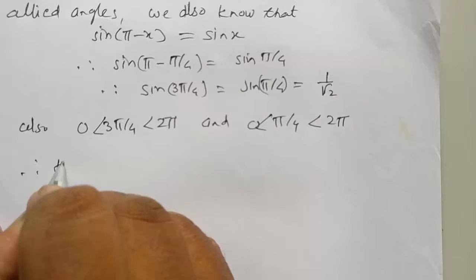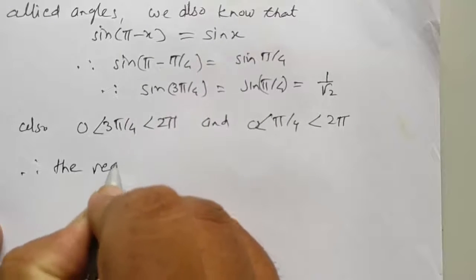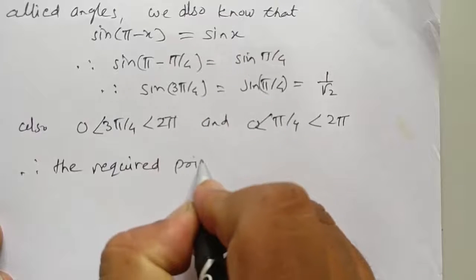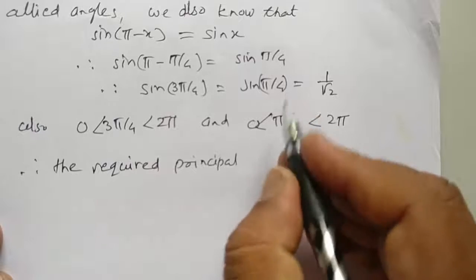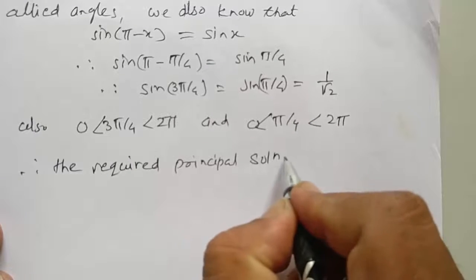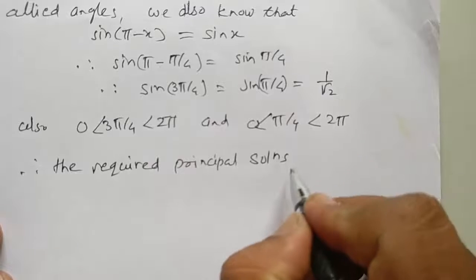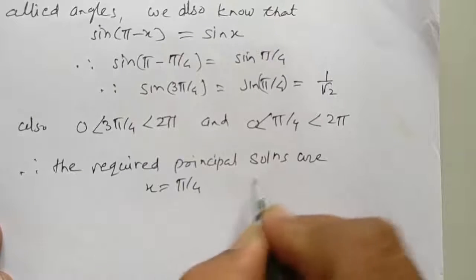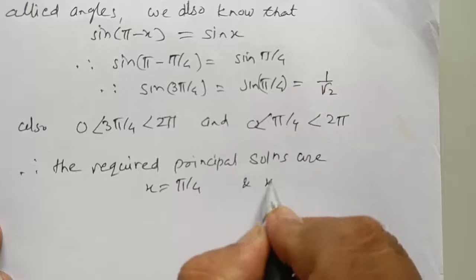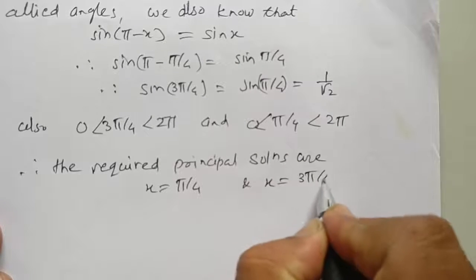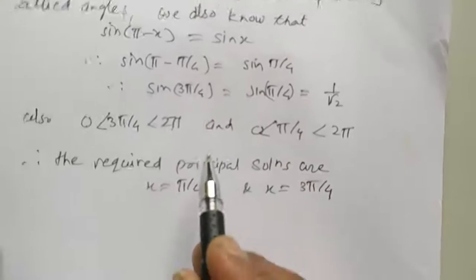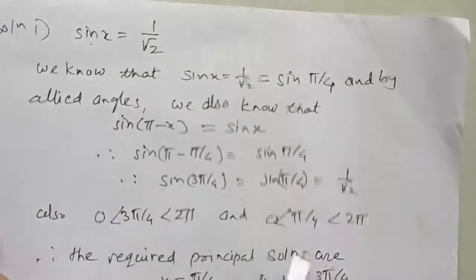Therefore, the required principal solutions are x is equal to pi by 4 and x is equal to 3 pi by 4. The principal values should lie between 0 to 2 pi. So these are the principal values of sin x is equal to 1 upon under root 2.